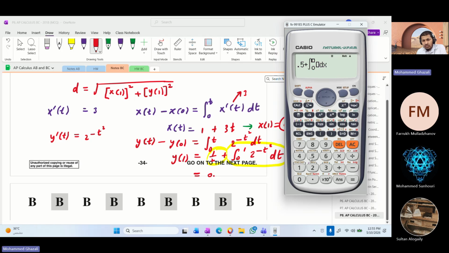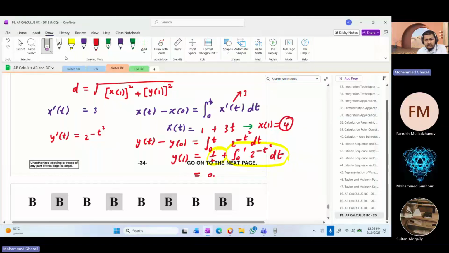The integral from 0 to 1 of 2 to the power negative x squared is 1.31, okay?